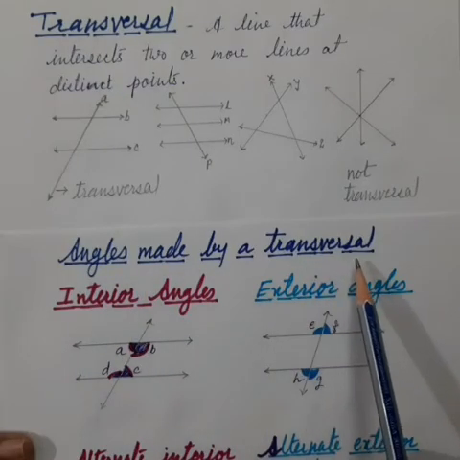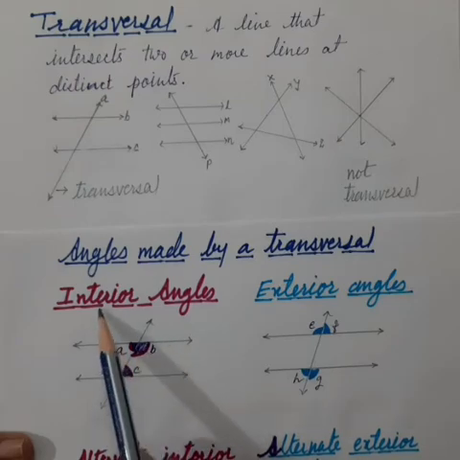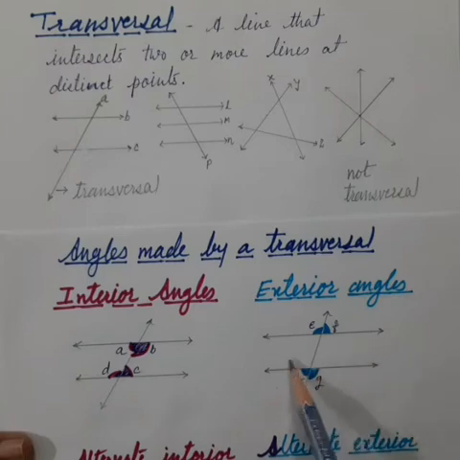Angles made by a transversal. When a transversal intersects two lines at distinct points, we get these angles, and the angles which lie between these two lines are called interior angles, and these angles which do not lie in between these two lines are called exterior angles.